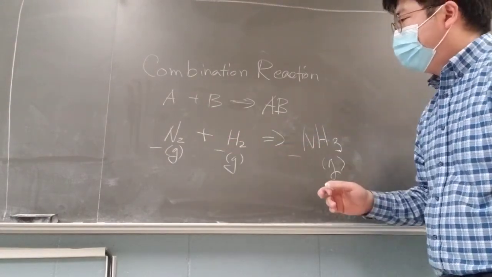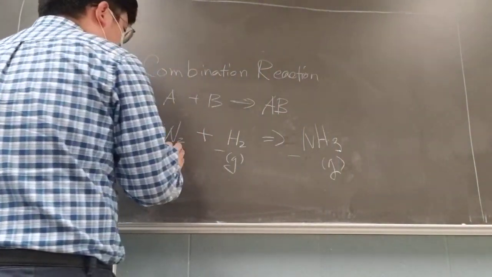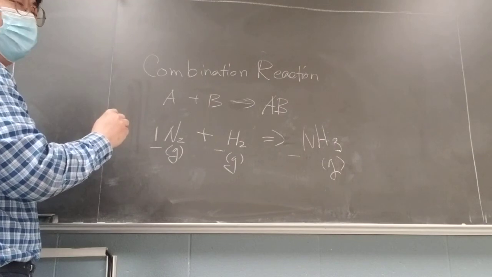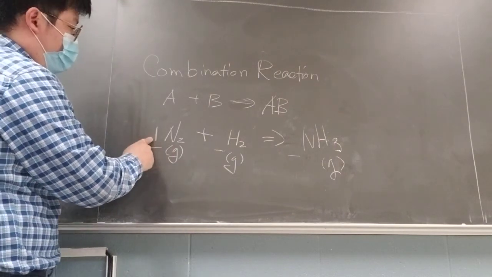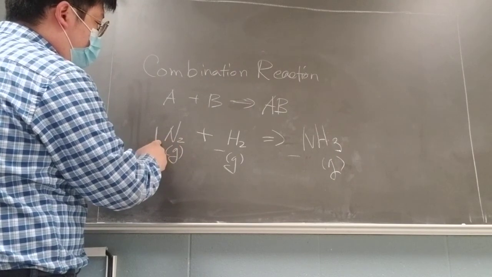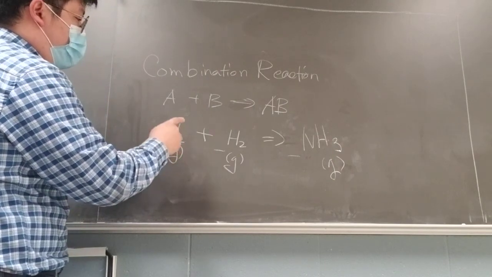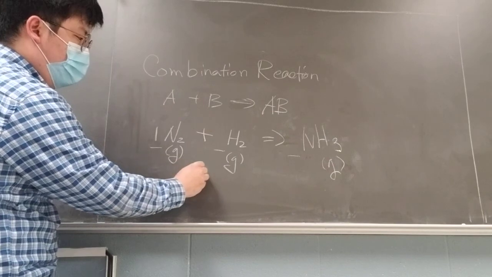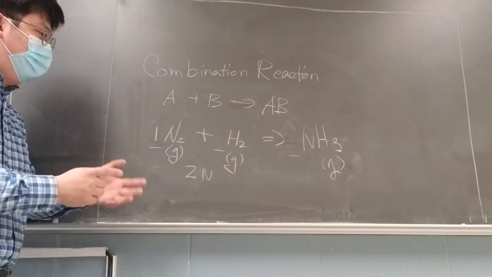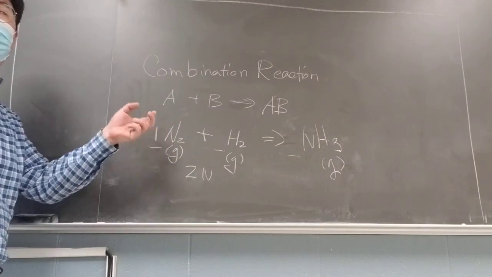So here's the thing. Let's try to start with the 1 over here, okay? And then you can try to start with the 1 over here. That means at minimum, how many nitrogen do you have on this side? 2, right? Because each nitrogen gas molecule will have 2 nitrogen atoms in it.